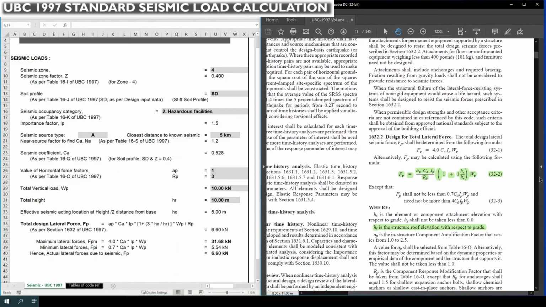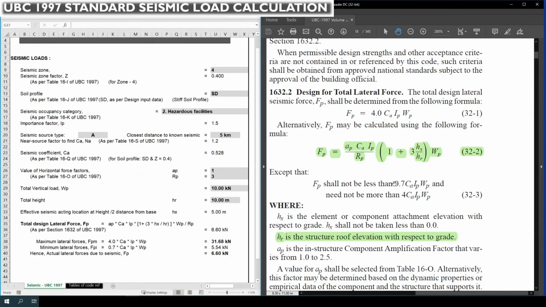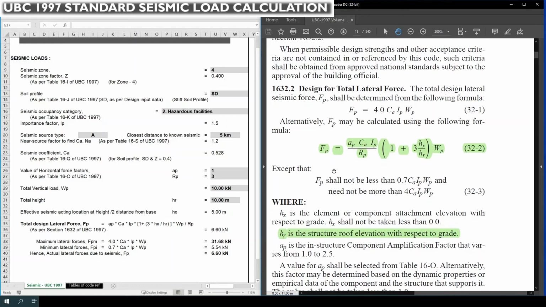Here on the right-hand side you can see it highlighted in green color. This is the formula to find the design total lateral force: FP equals AP into CA into IP divided by RP, into 1 plus 3 HX by HR, into WP. WP is the total weight. We consider here 10 kilonewton.